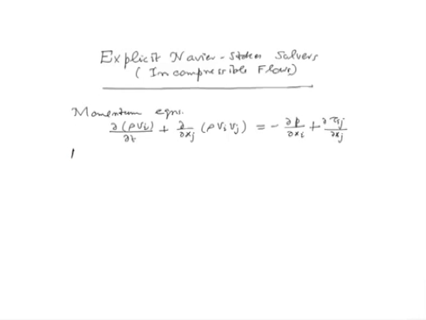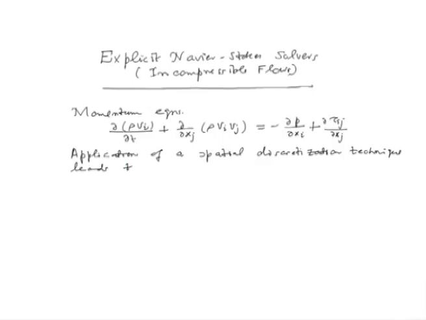Now, we would like to apply a spatial discretization technique, and let us write the discretized equation. So, application of a spatial discretization technique, which could be finite difference, finite volume or finite element, it does not really matter.